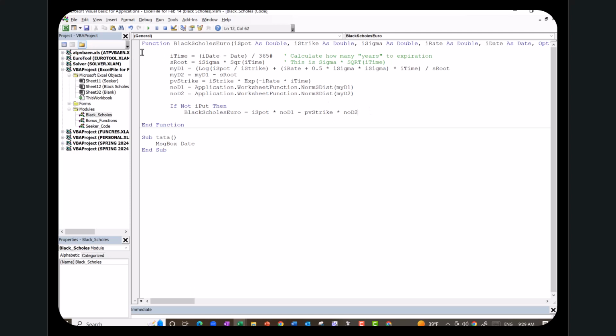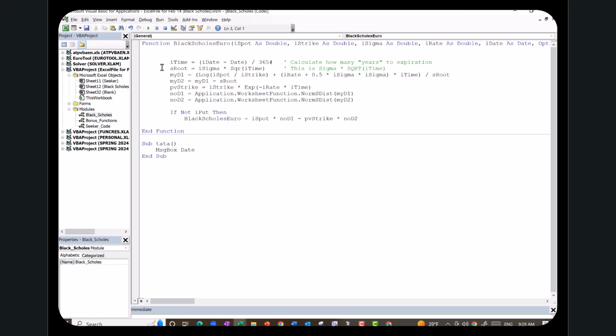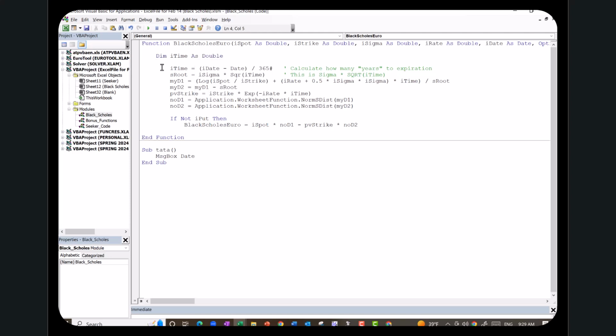And this is a good time for me to do my declarations. I know you can write it in one line, but I like doing it in separate lines.